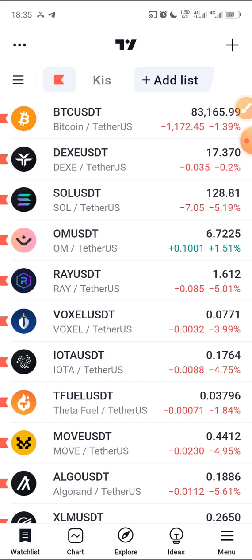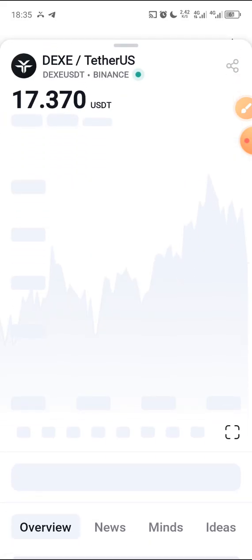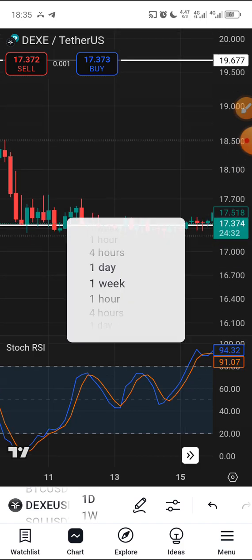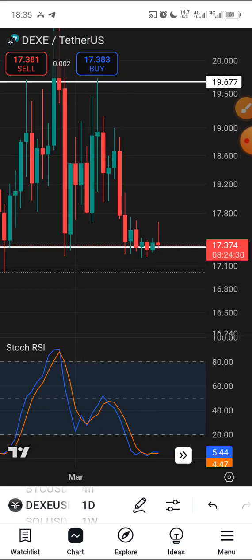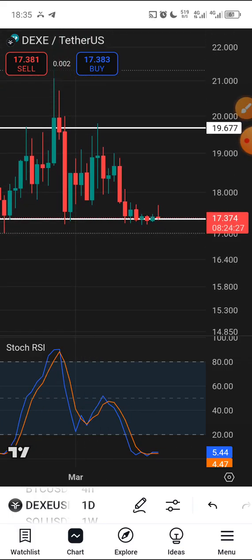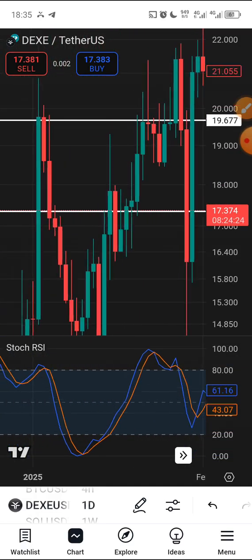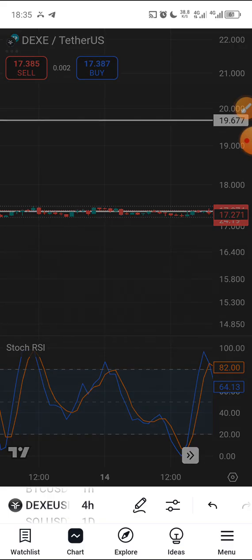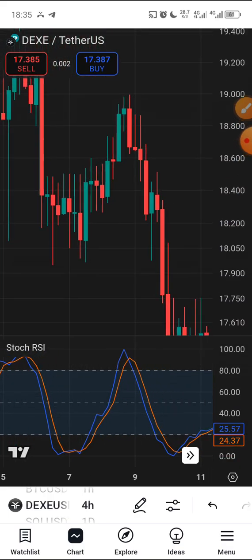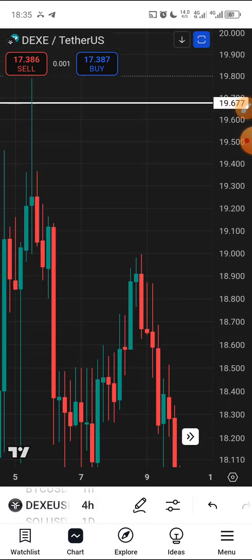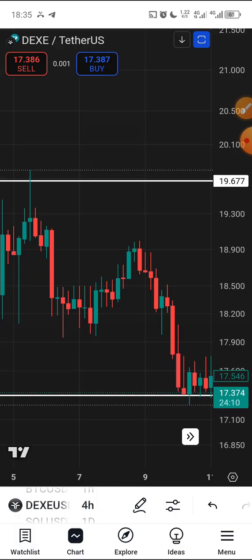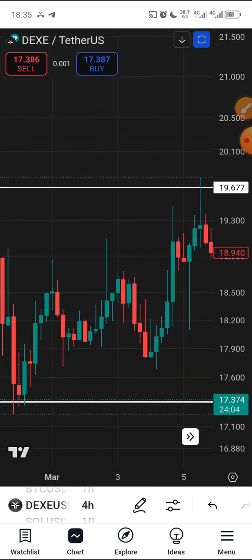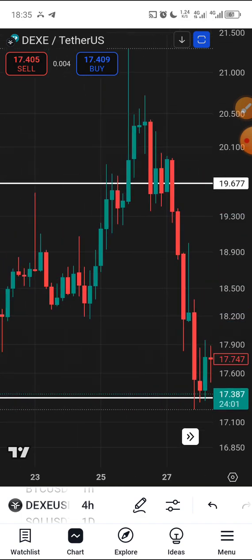Okay, so let me get any coin. Like in this case, we are going to use DEXE, just for learning purpose. And right now I know that you know how to draw your support and resistance lines.